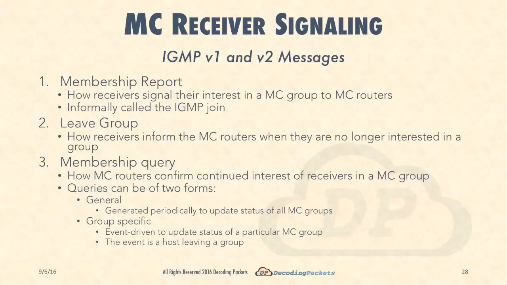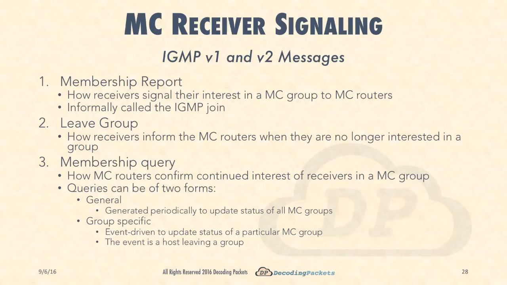That brings us to the actual messages that carry all of this information in IGMP version 1 and version 2, what they actually do, and their basic descriptions. Each one of these is covered in a lot more detail as we come up, but think of this as just a summarization. The very first message is what is called a membership report.